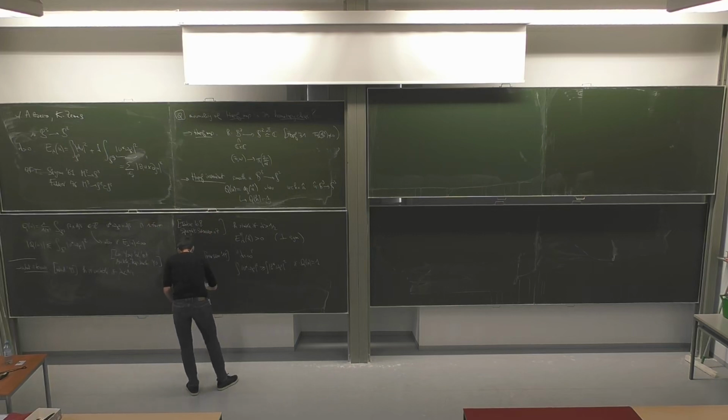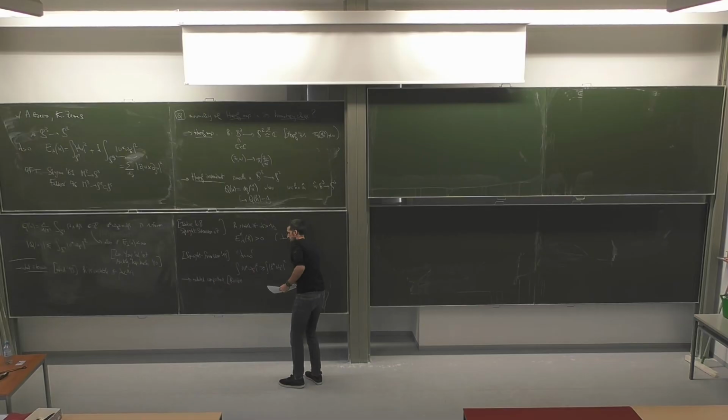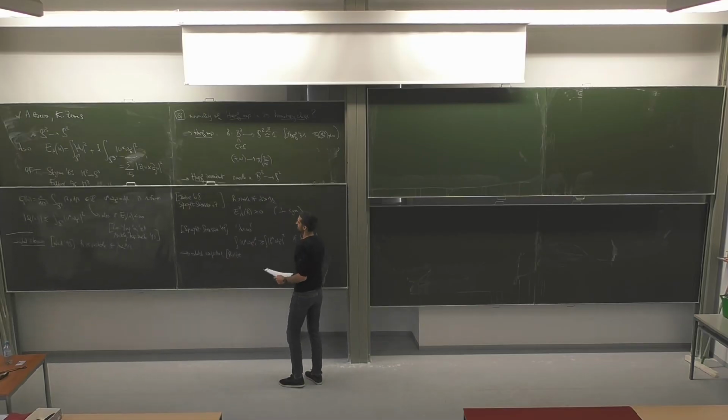But first, let me mention that there is a related conjecture by Rivière. It's not directly relevant to our result, but it's a beautiful question, so I'm happy to mention it.